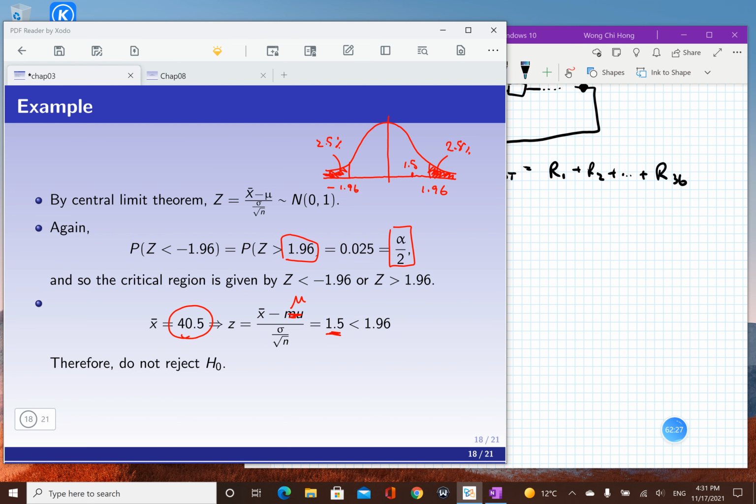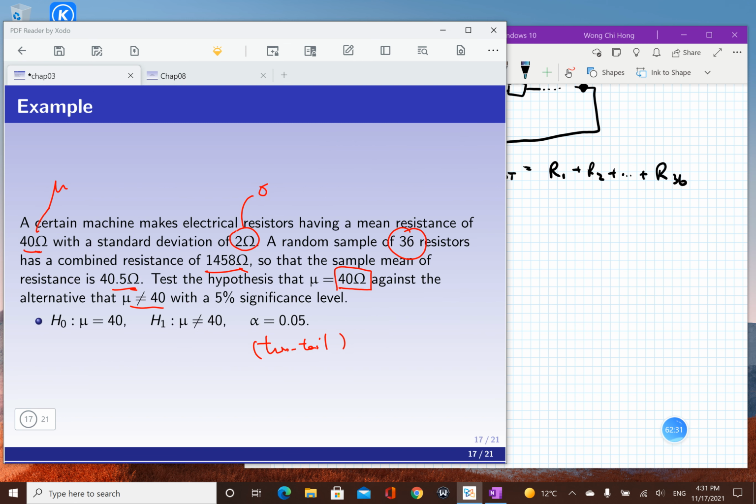But here's the procedure really. You have to write down your hypotheses. Then you have to understand what test we're doing here, a Z test or a T test or whatever, and we know that it's a two-tail test, so that our alpha has to be split into 2.5s and 2.5s.